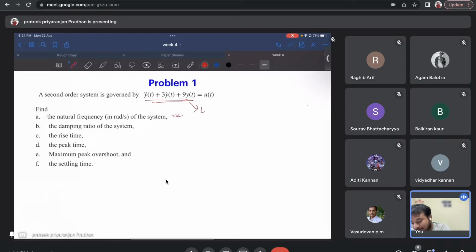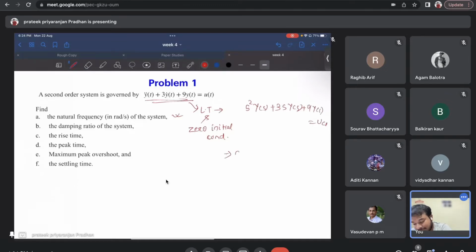Using Laplace transform, and zero initial condition, this is very important, I am repeating again and again, I'll get s square Y(s) plus 3s Y(s) plus 9 Y(s) is equal to U(s).